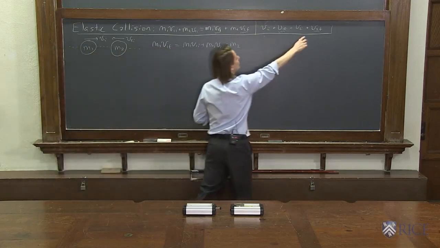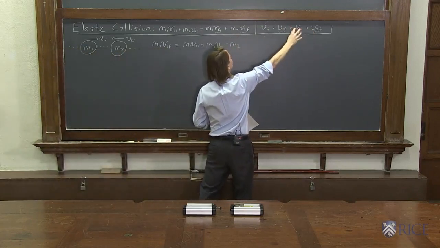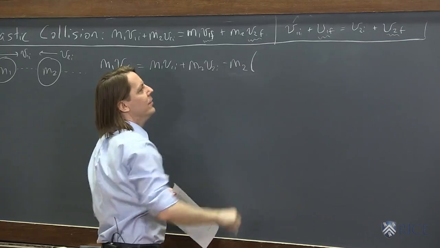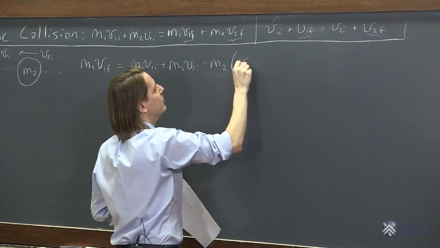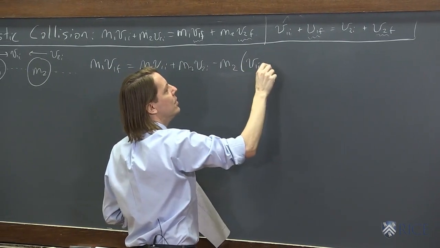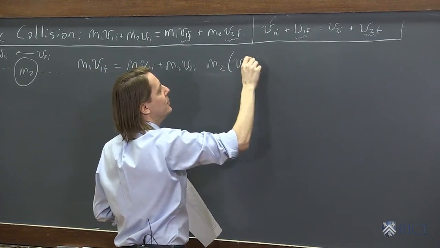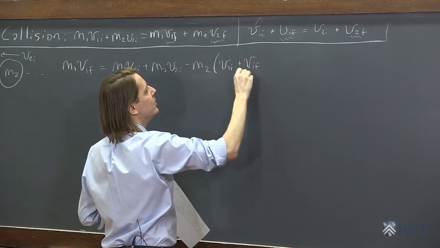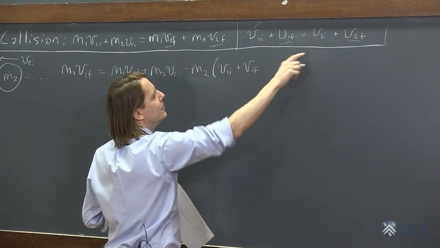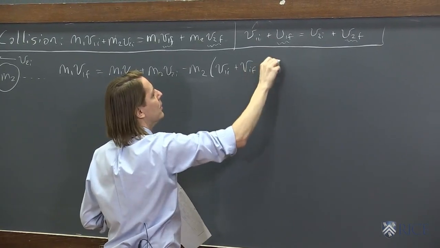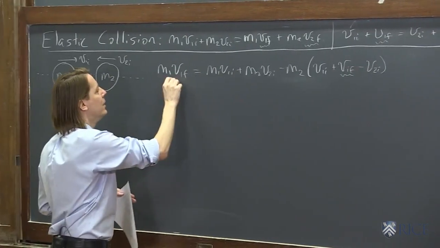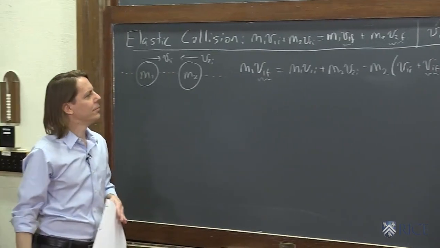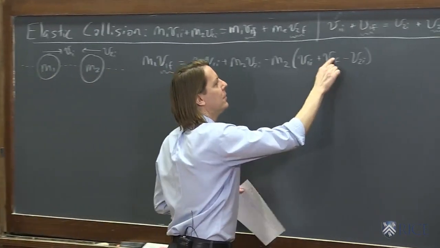So then we'll solve this one and stick this V2F in there. This is the quickest way to get there. So this is equal to V1I, an initial known, plus V1F, the one we're looking for, and then minus V2I, another initial one that we know. So there's our unknown right there.